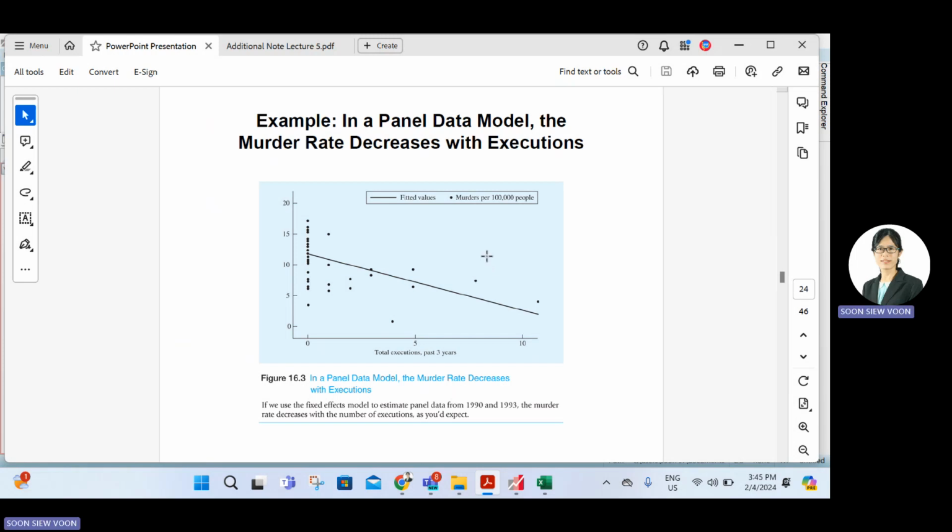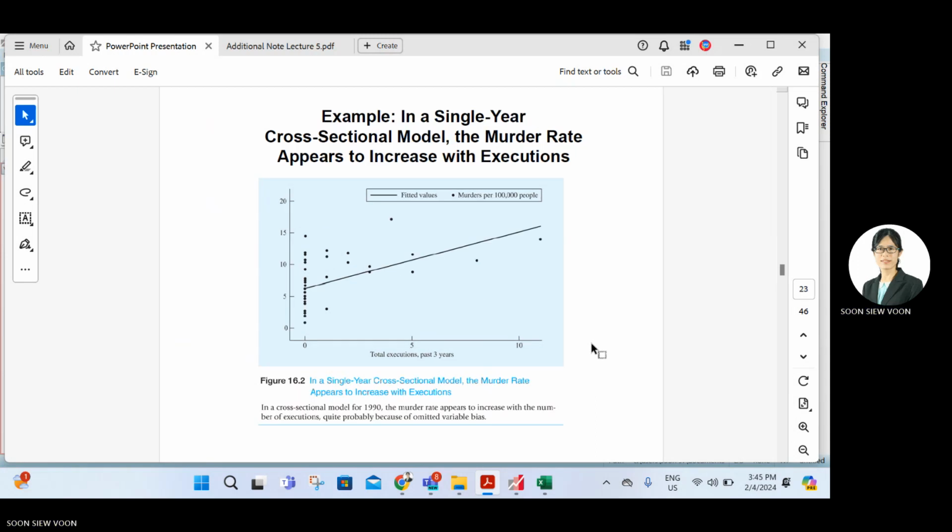So if you use the fixed effect to estimate it, the murder rate decreases with the execution. It means that because of this omitted variable bias, if you omit the fixed effect, you will get a different conclusion.